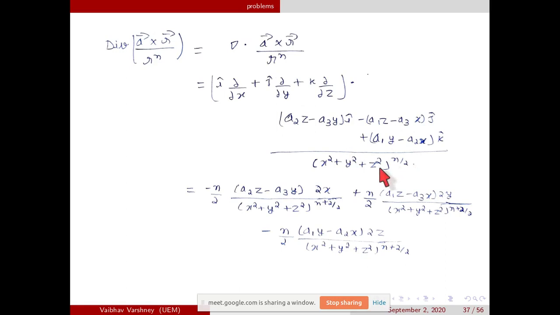Now what you do is just take this term, because it's in the denominator, just take it in the numerator, then it will be x square plus y square plus z square ki power minus n by 2, is it not? Yes, yes. Now do the derivative of that. So when you do the derivative, you will apply the same rule, nx ki power n minus 1, and now n is minus n by 2. So this minus n by 2 comes.